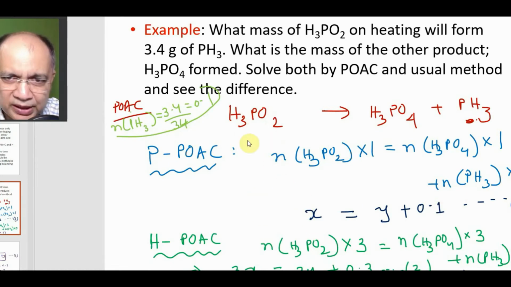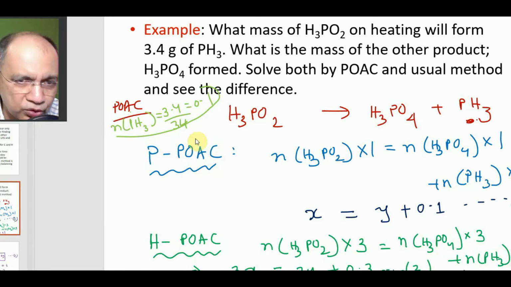So supposing we take X as the number of moles of this and Y as the number of moles of this, you get an equation: X is equal to Y plus the number of moles of phosphine, which is already known, 0.1. So X is equal to Y plus 0.1 is one equation.